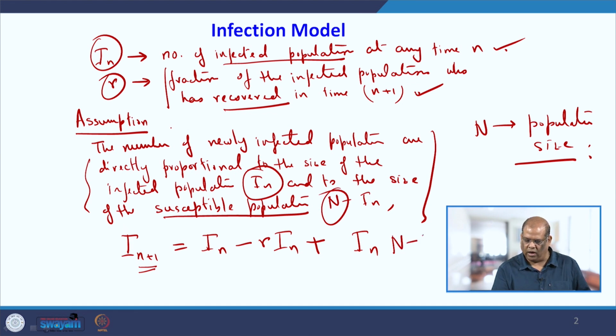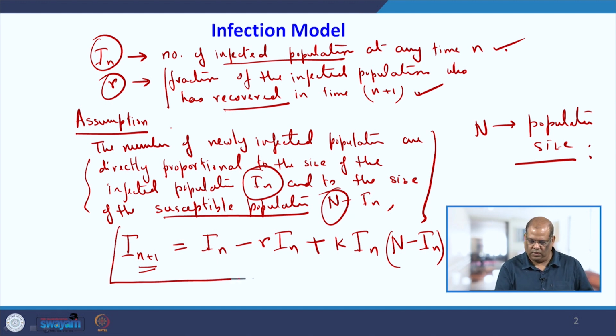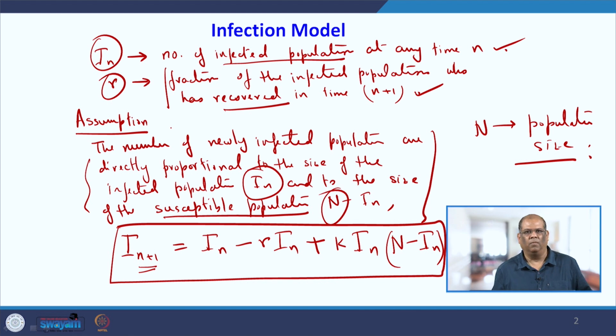So it is a product of I_n and N minus I_n, and k is the constant of proportionality. So, this becomes a discrete infection model.